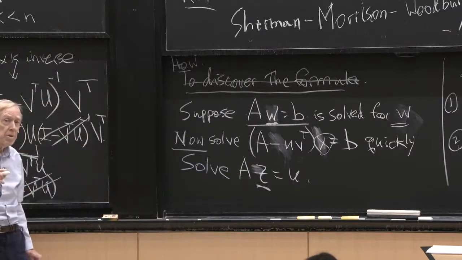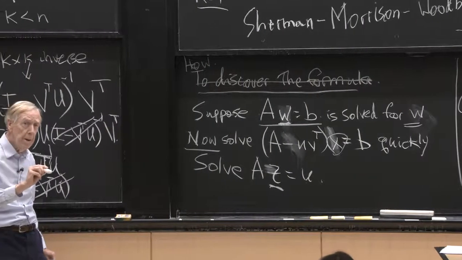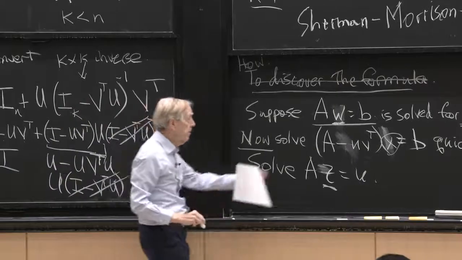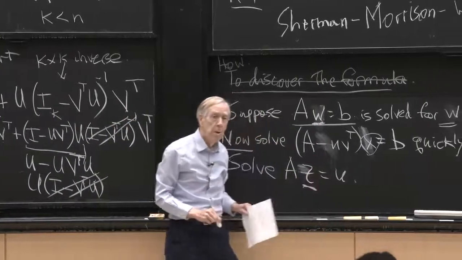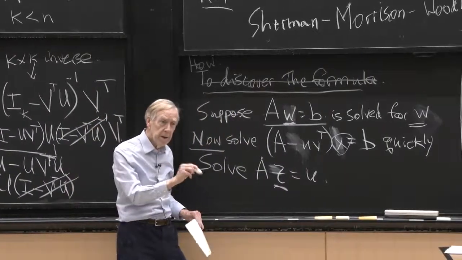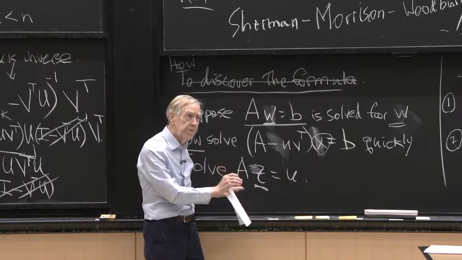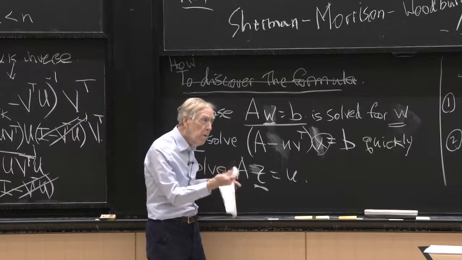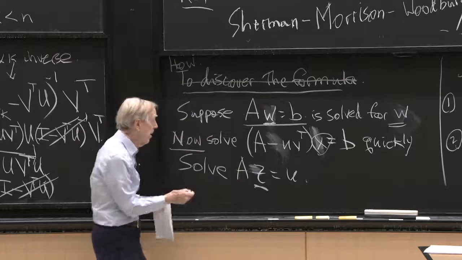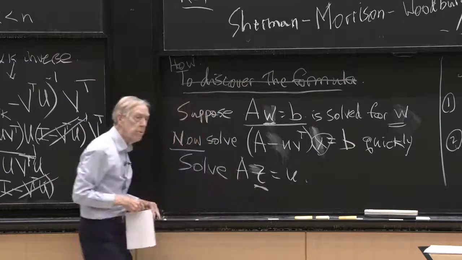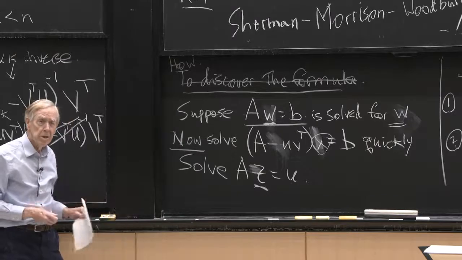Does that take twice as long? If I have the same matrix A, but different right-hand sides, B and U, if I factor A into LU, all the hard work is done there on the left side. All the work is done in finding LU, and then I just back substitute to find the second solution.